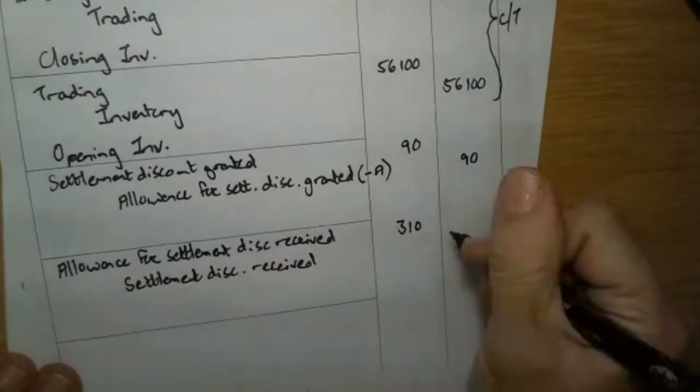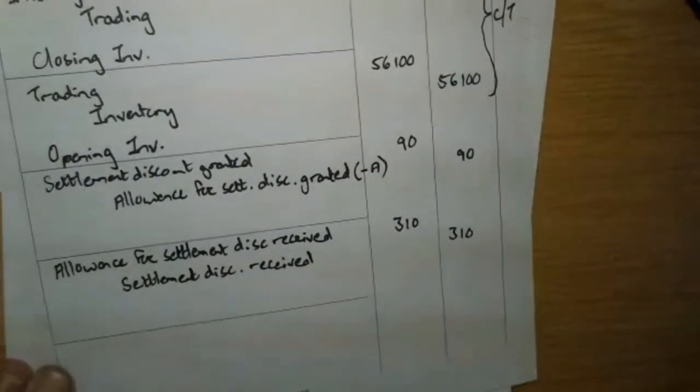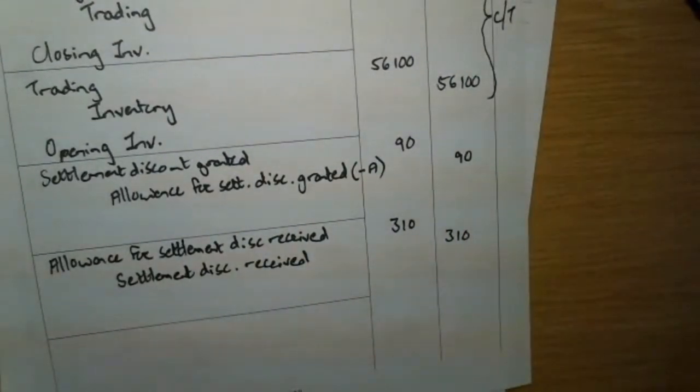So this is settlement discount relating to purchases that I've already made in the current year. If I pay those suppliers on time, I will be getting this discount and I must record it in this year because it relates to this year's purchases.